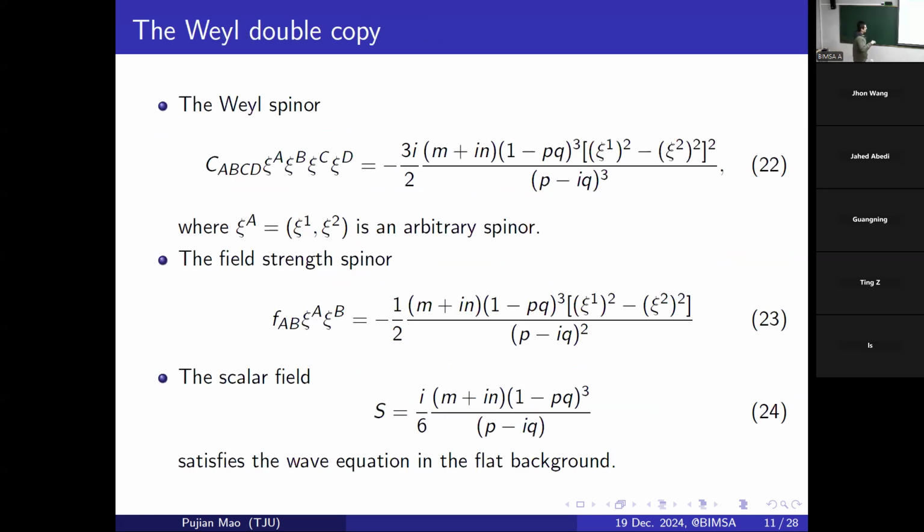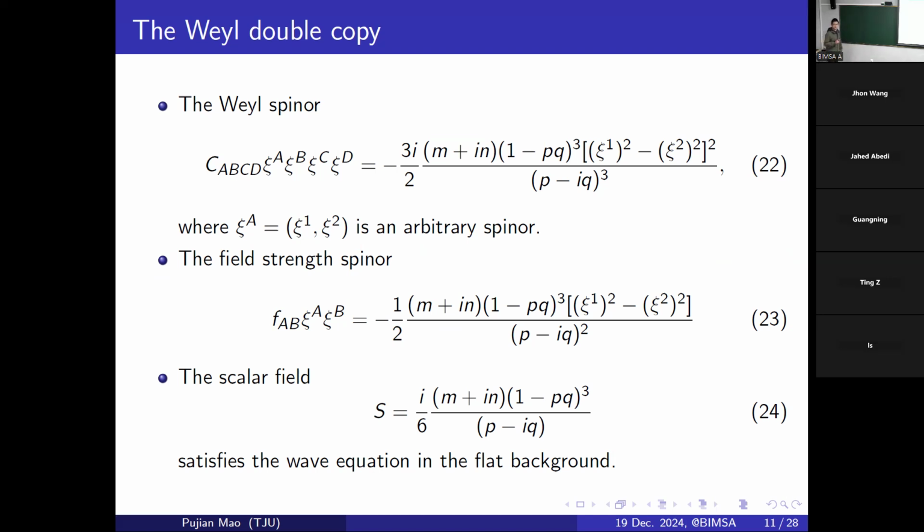Then we can convert the information from Plebanski-Demianski to the spinor language. I can write the Weyl spinor in this way, and I know a solution of Maxwell theory can give you the field strength spinor in this way. Then I can find the scalar field. This is an algebraic relation, and then you can check that this scalar field satisfies the wave equation in the flat background.